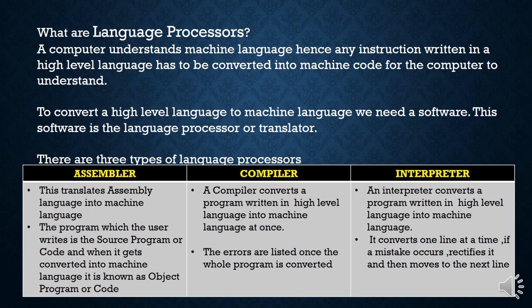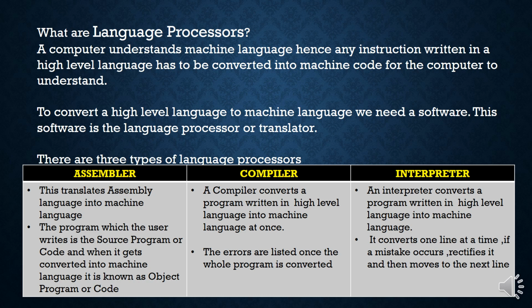So let us see what is a language processor. Just now, in the previous slide, we discussed compiler and interpreter. We heard these words, compiler and interpreter, so let's discuss that. A language processor. A computer, as you know, understands only machine language, that is binary language of 0 and 1.